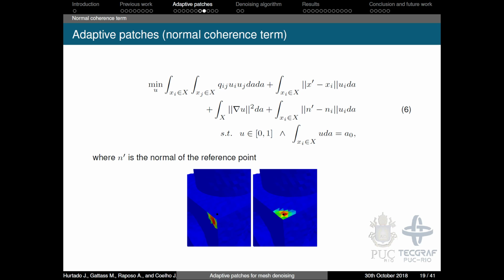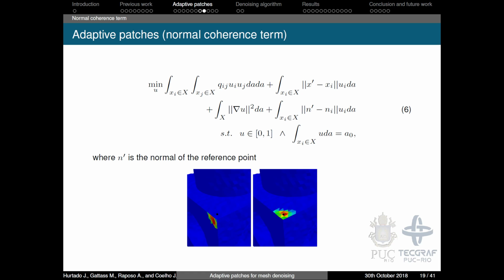To solve this problem, we propose to penalize the normal difference between any point of the domain X regarding the normal of the reference point, weighted by the membership function u.